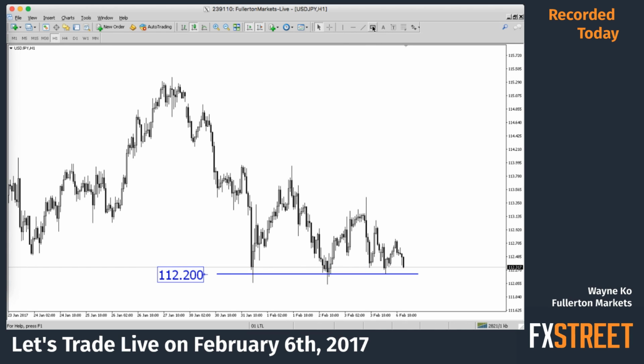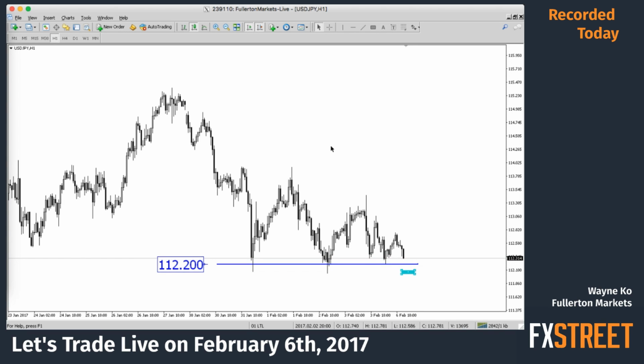So even if dollar yen closes below, I'll exercise some discretion in taking a short trade. Instead of chasing it immediately, I'll watch how the market moves after the break.